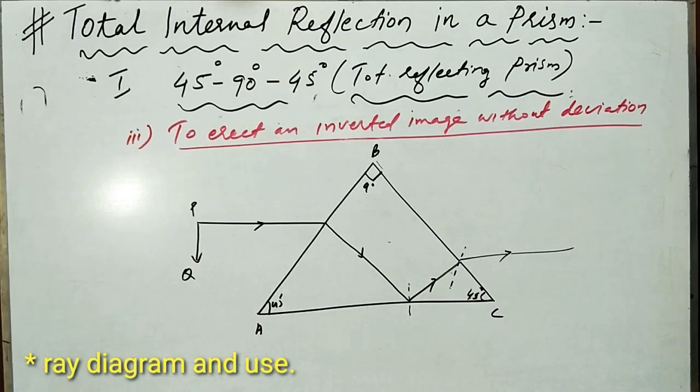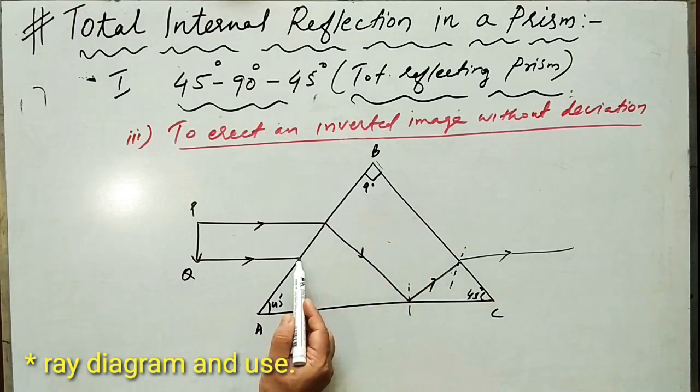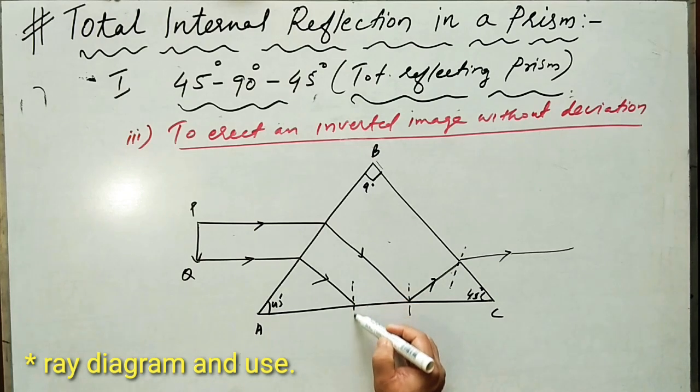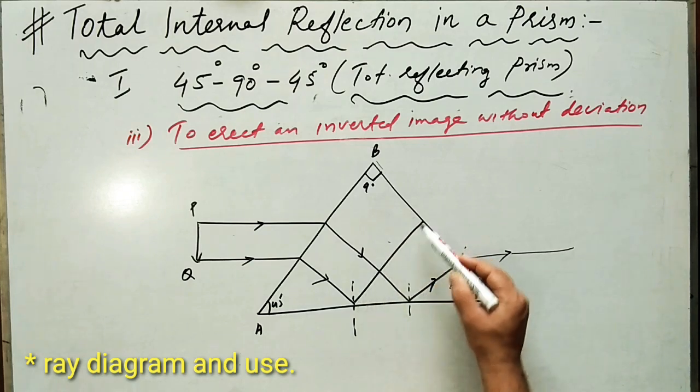Now, from the point Q, another ray of light travels and strikes the surface AB, suffers refraction, passes through the prism and strikes the surface AC at an angle of incidence greater than the critical angle, and as a result it suffers total internal reflection.